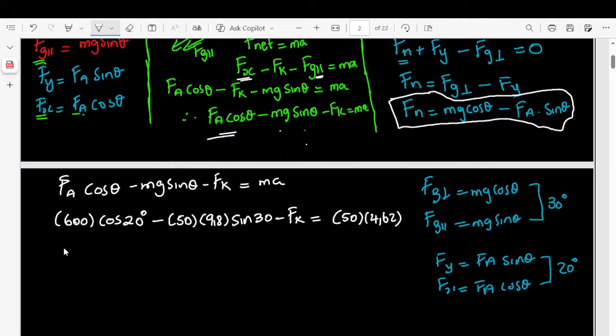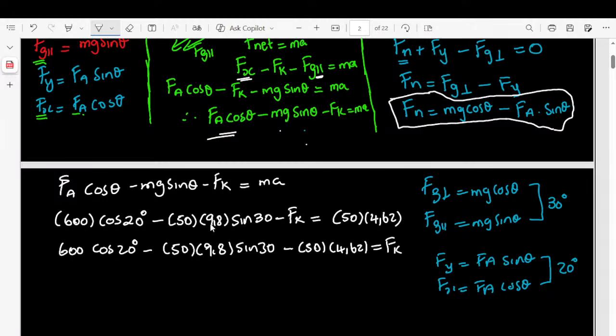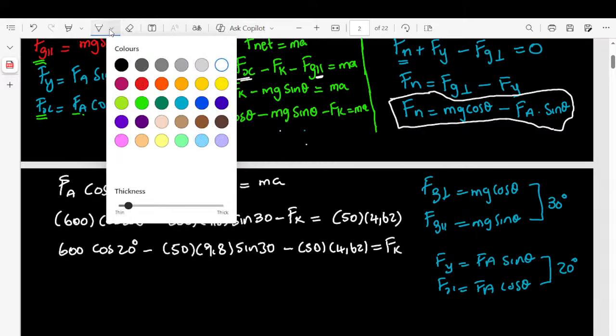So we can say this is 600, the cos of 20 degrees, minus 50 into 9.8, the sine of 30, then we minus 50 into 4.62. It equals Fk.